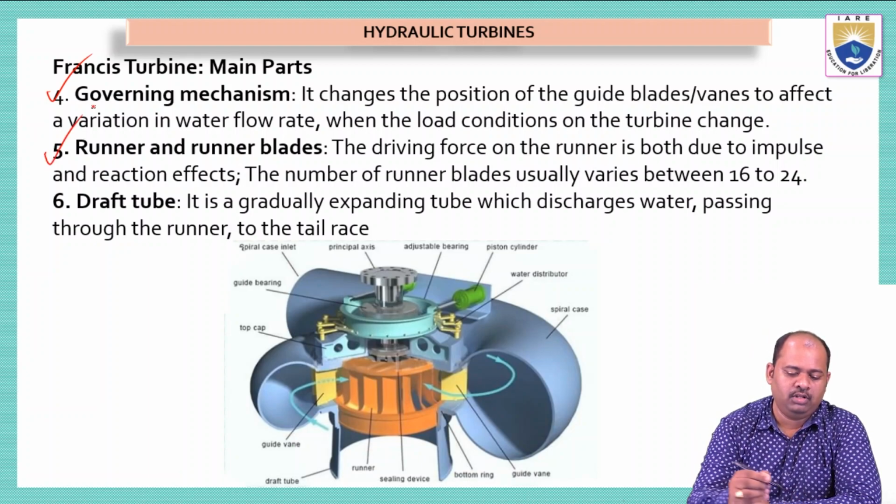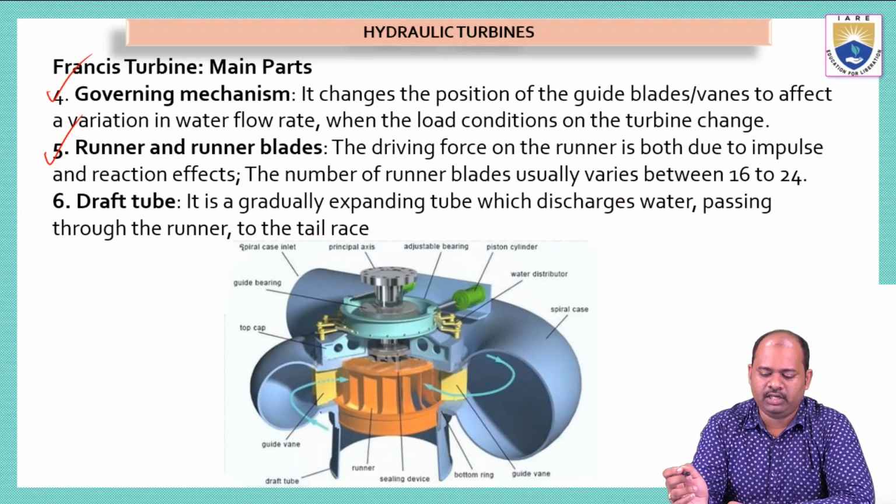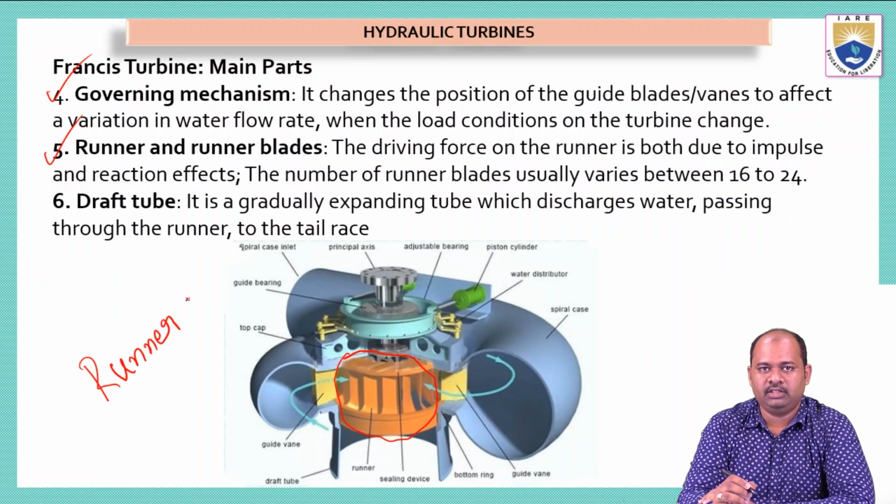And then we have the runner and runner blades. The driving force on the runner is both due to impulse and reaction effects. The number of runner blades usually varies between 16 to 24. In this picture we can see this orange colored part. This is called the runner. What is the function of this runner? The runner is a rotating device on which we have mechanical metal plates attached.